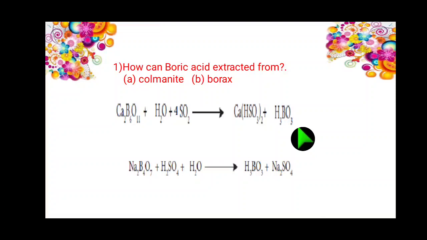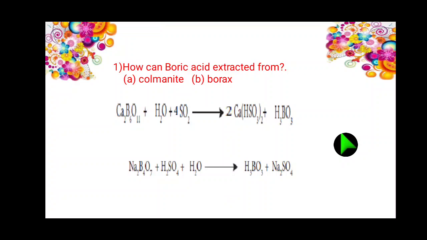First we see the calcium for balancing. Left side 2 calcium, right side 1. So make it 2. Now you see the sulfur. After writing the 2, the sulfur 2 multiplies with the 2.